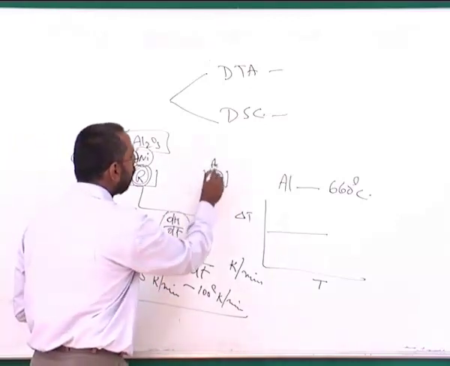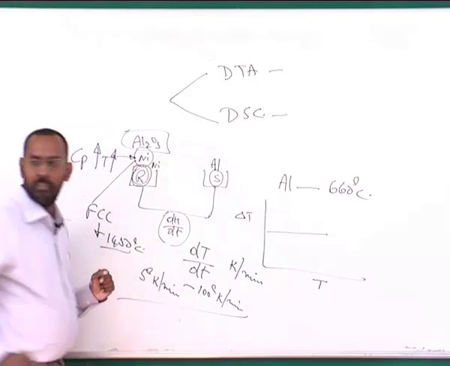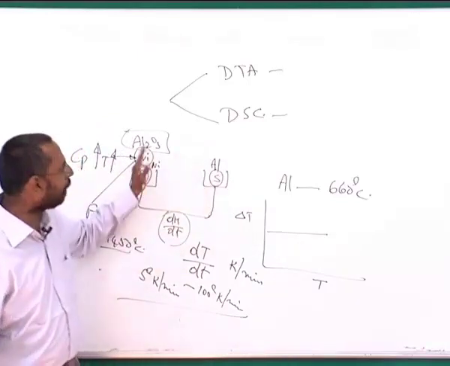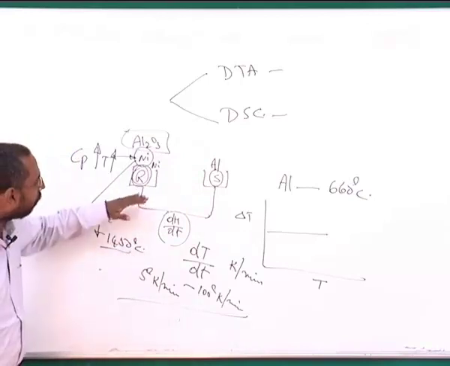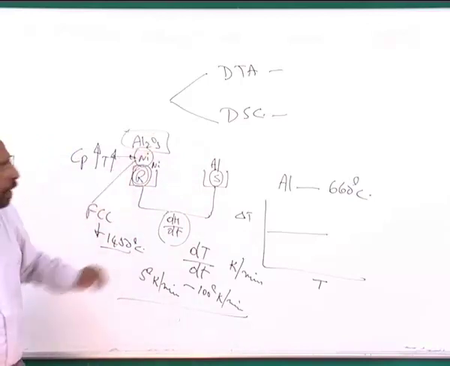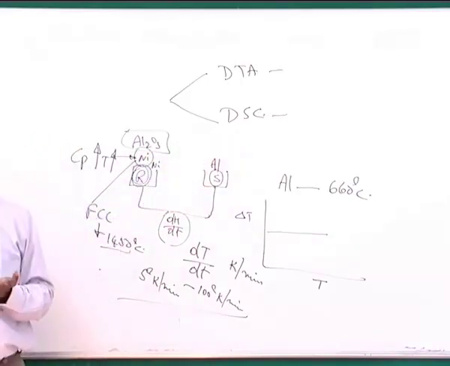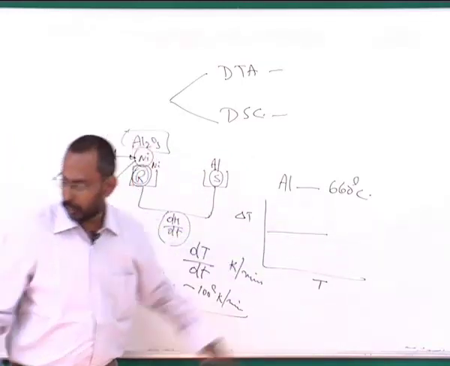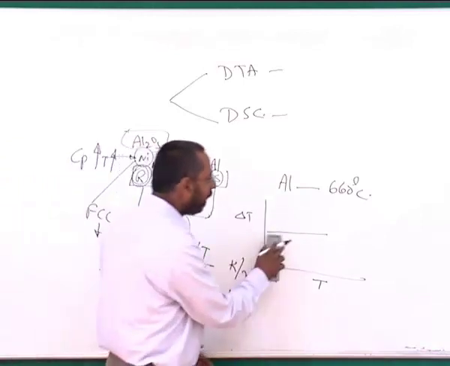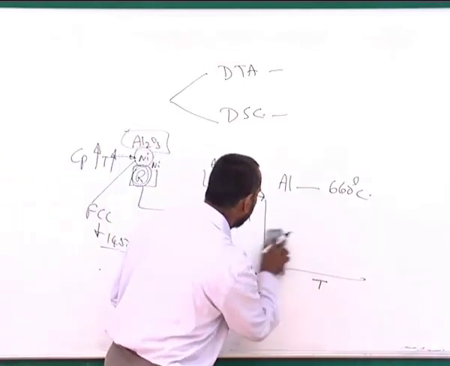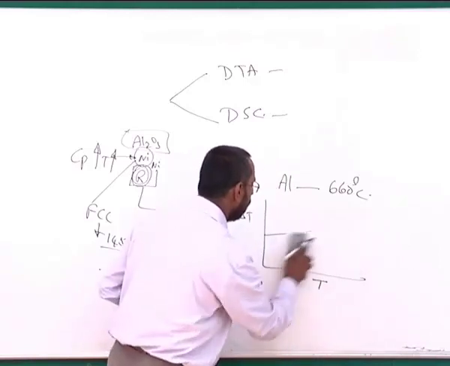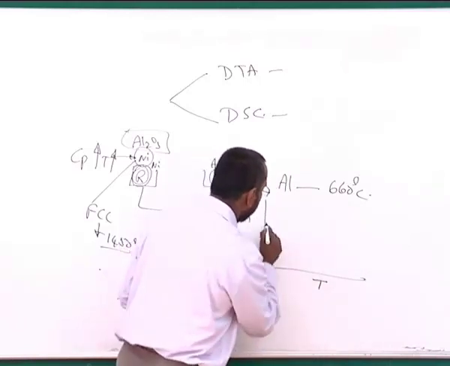This is the aluminum sample, this is the nickel sample. Because of the heat capacity differences, the rate at which nickel gets heated up and the rate at which aluminum gets heated up will be different. So in principle, this will not be flat, the delta T will not be 0, but it will possibly be increasing linearly or decreasing linearly depending on the difference.